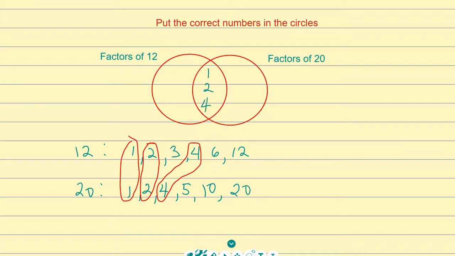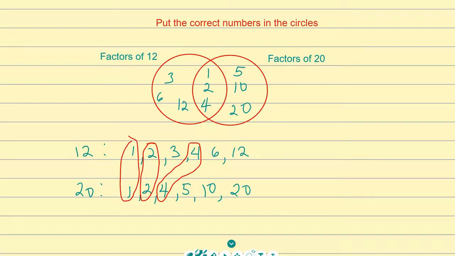The rest can go outside the intersection. For 12, you have 3, 6, and 12. For 20, you have 5, 10, and 20. So common factors of 12 and 20 are 1, 2, and 4.